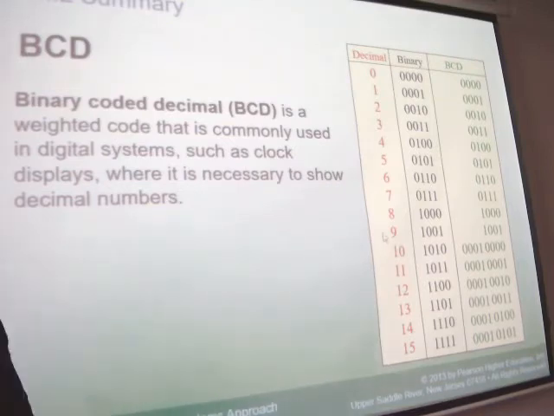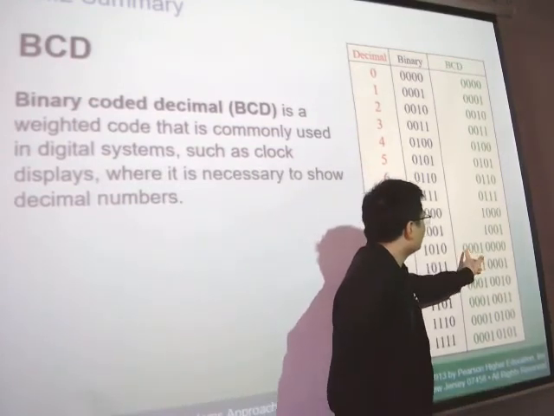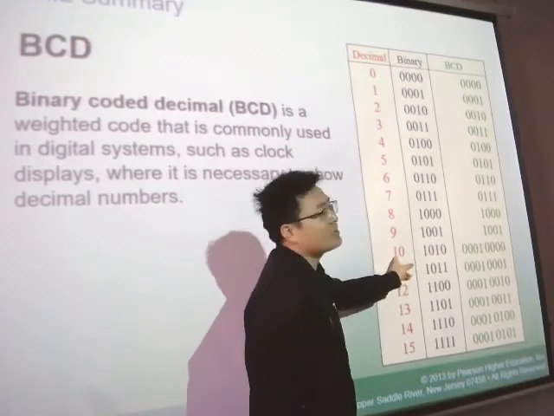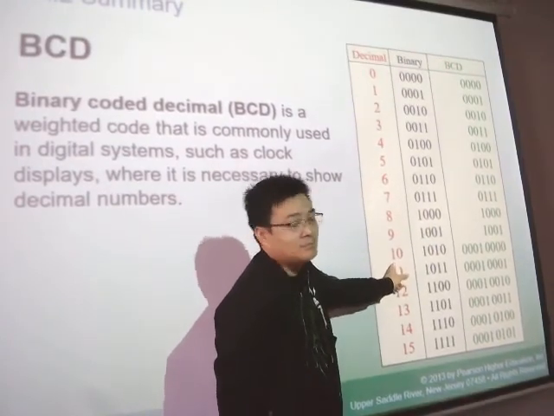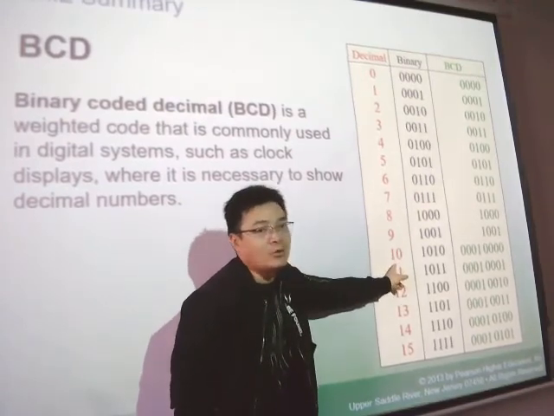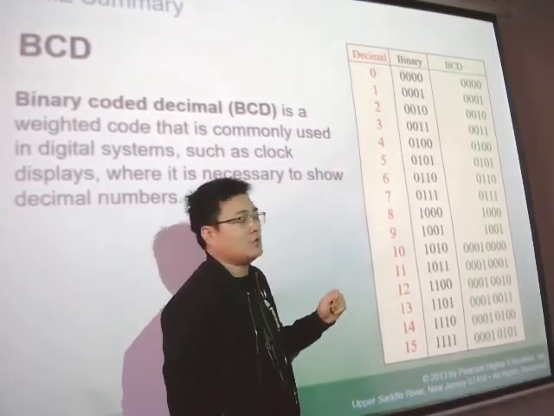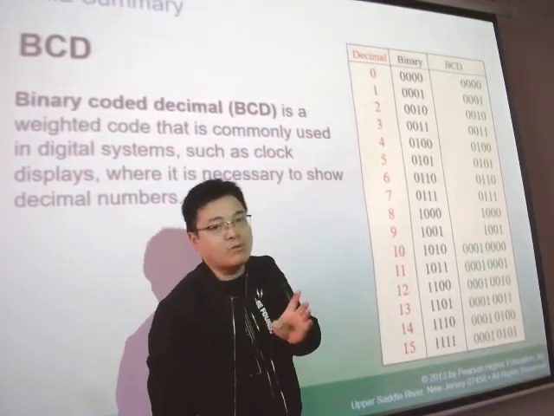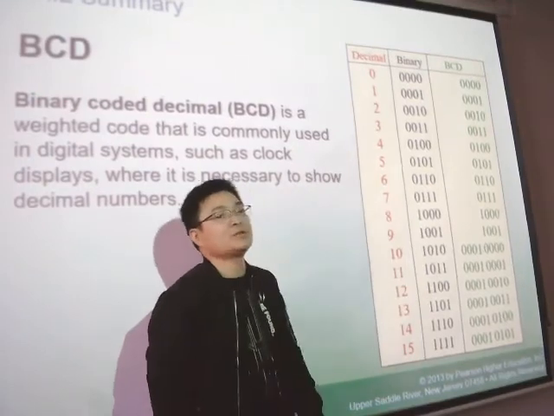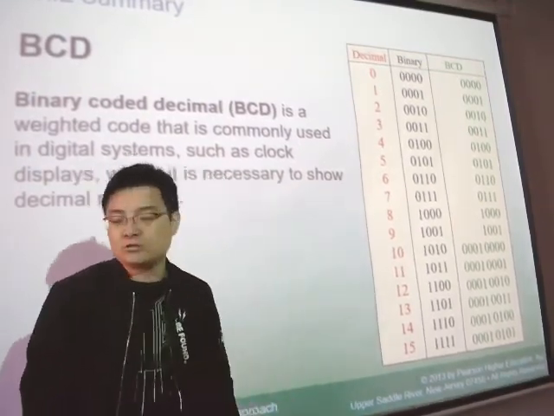But we use 0 0 0 1 0 0 0 0 to represent 10, because there are 2 decimal digits. We only use 4 binary bits to represent 1 decimal digit. So we should note that.